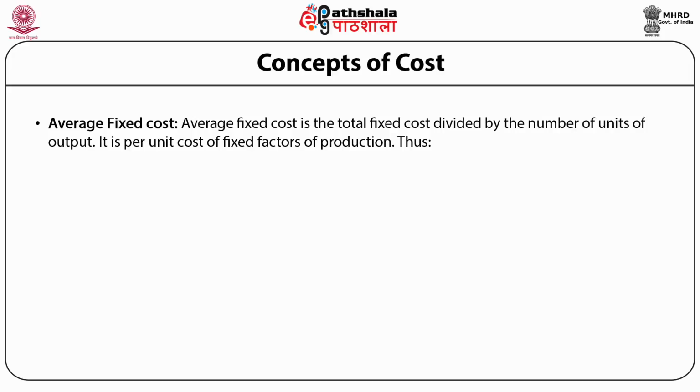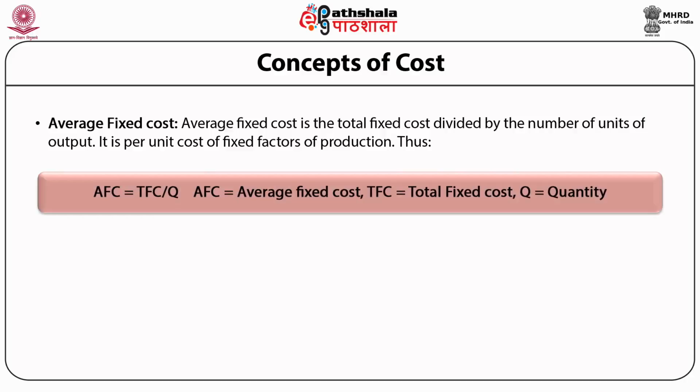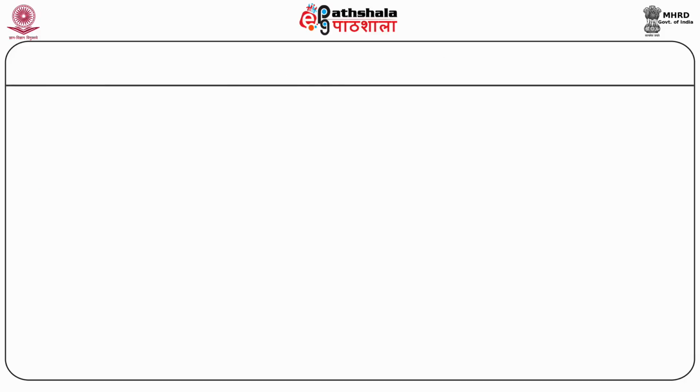Average fixed cost is the total fixed cost divided by the number of units of output. It is the per unit cost of fixed factors of production. Thus, AFC is equal to TFC divided by Q. AFC means average fixed cost, TFC means total fixed cost, Q means quantity.